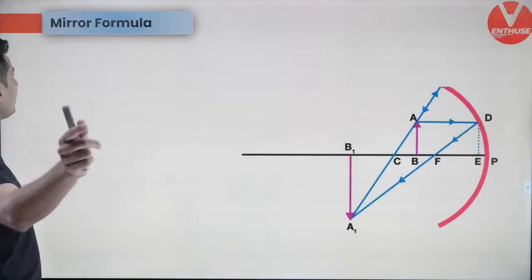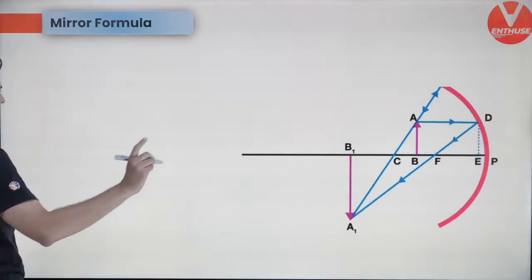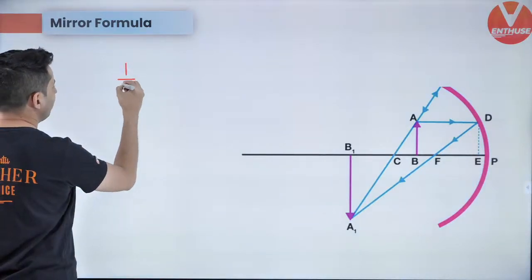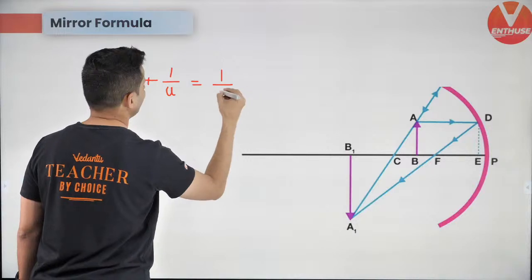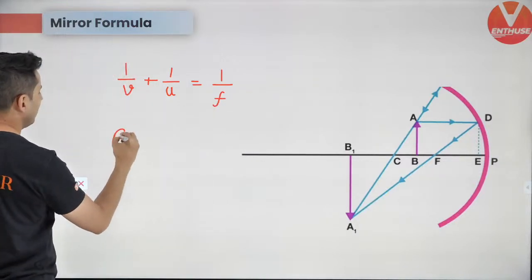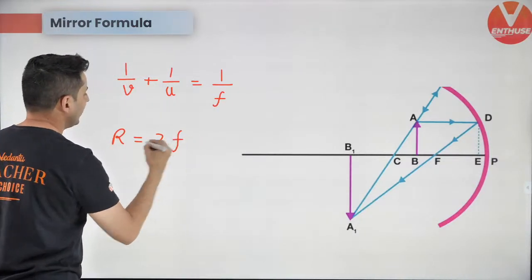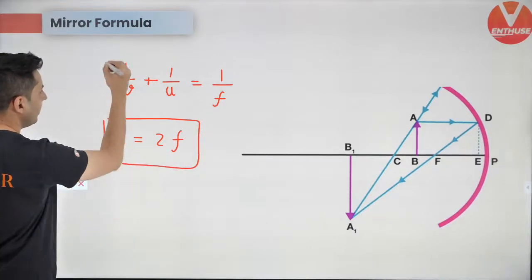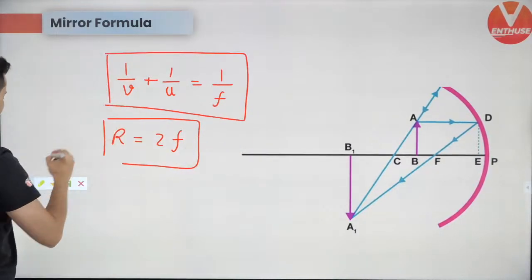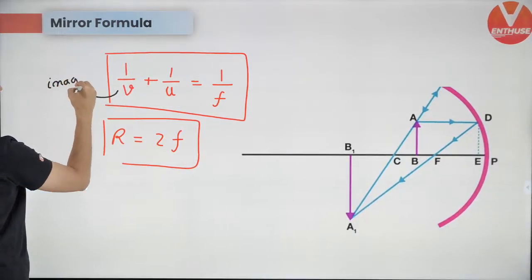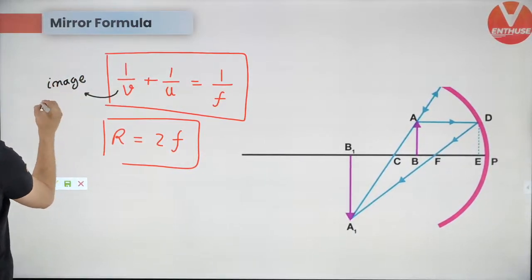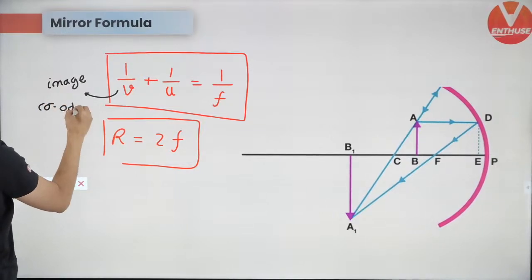Now the mirror formula, very important. 1/v + 1/u = 1/f, and R = 2f, twice the focal length. Both the formulas are important and everybody knows what these terms are. This v is the image coordinate.